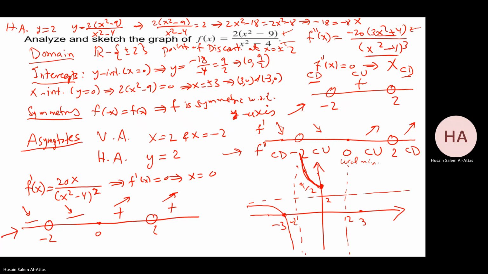Now, since the function is symmetric with respect to the y-axis, the rest is just a copy. This is a copy, and this is also a copy. That will be my function. And I can also check this. From 0 to 2, it's increasing, concave up, correct.